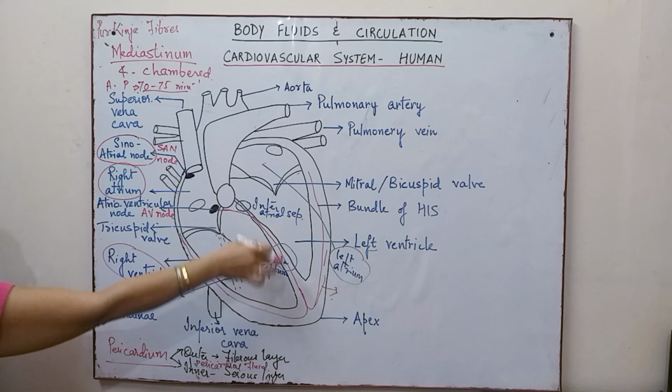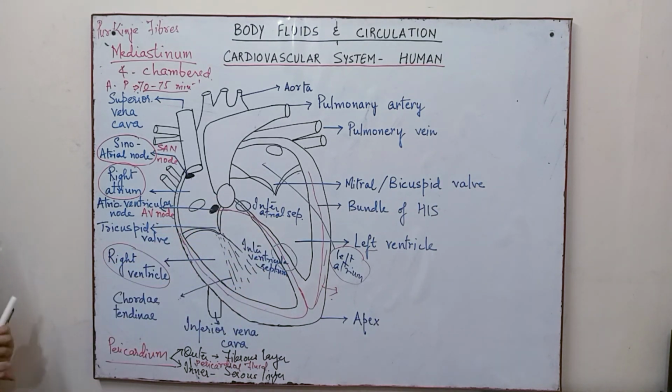The AVN carries it through the bundle of His and Purkinje fibers, which spread throughout the lower portion of the heart, that is the ventricles. And 72 beats per minute is the normal heartbeat of a person who is healthy and is not suffering from any kind of ailment. Study the structure of the heart.